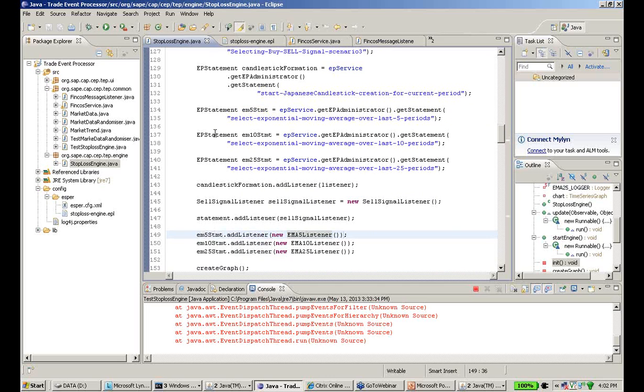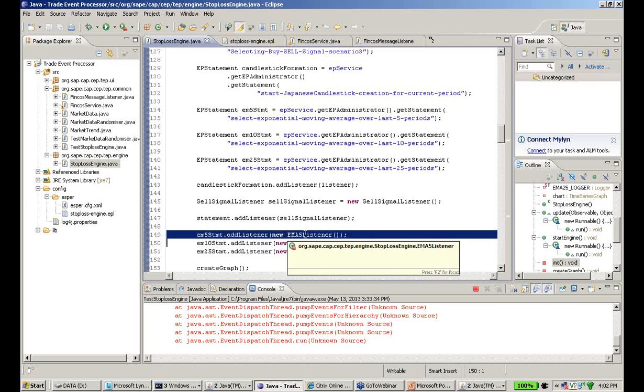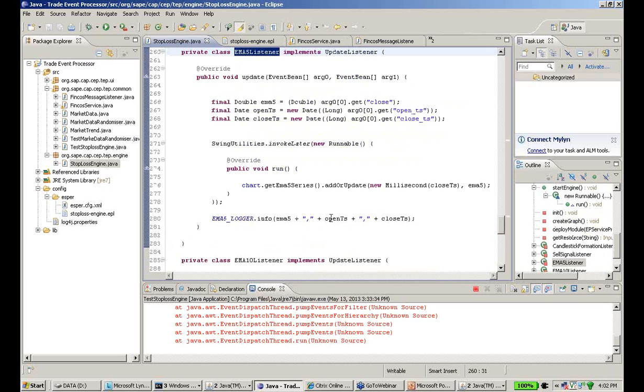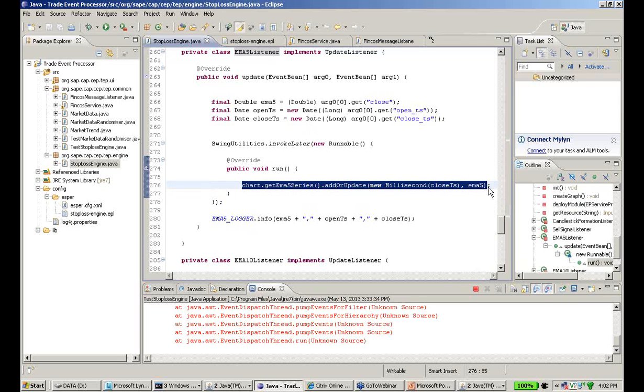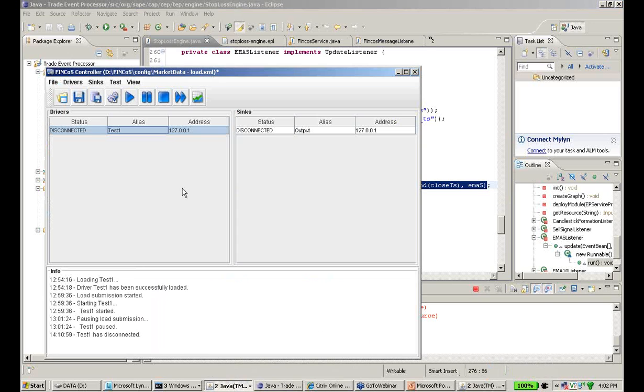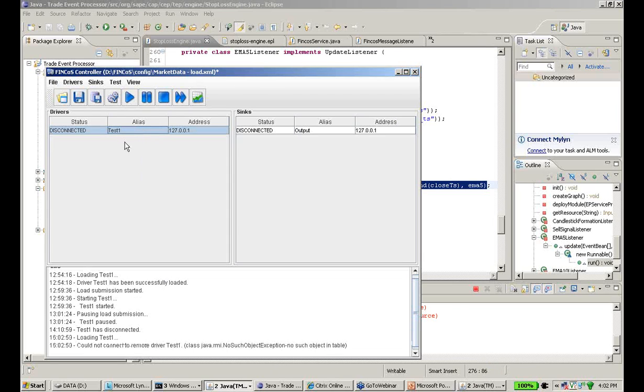If I go to the individual listeners, all these listeners are doing is logging the values and also sending those to the chart, which we will draw when we do the demo. So let's go back to our FinCos tool and start sending our load.